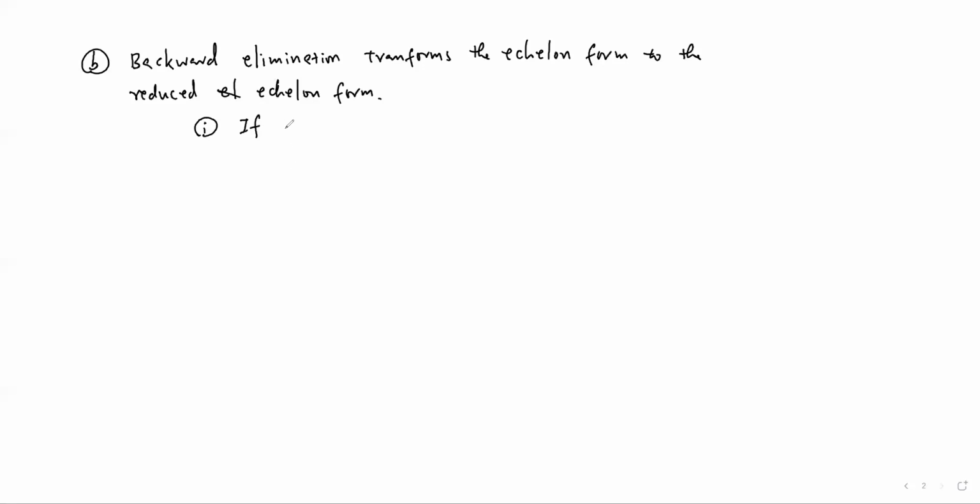If no free variable, then the solution is 1 and only 1.